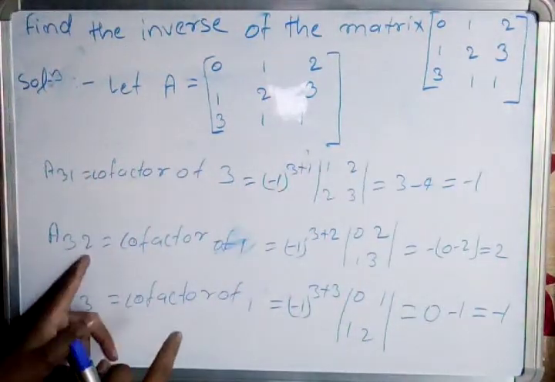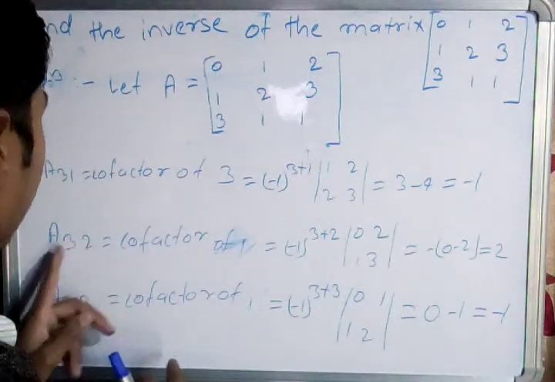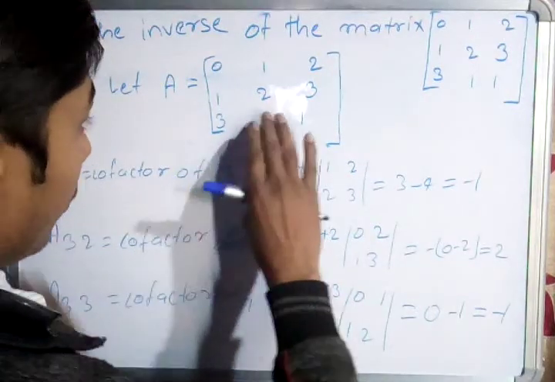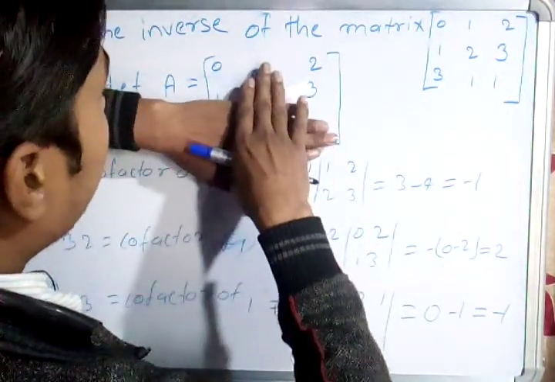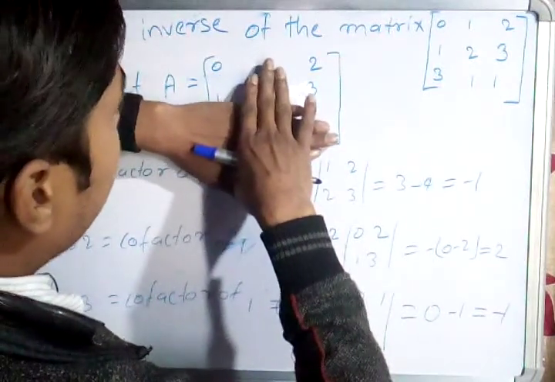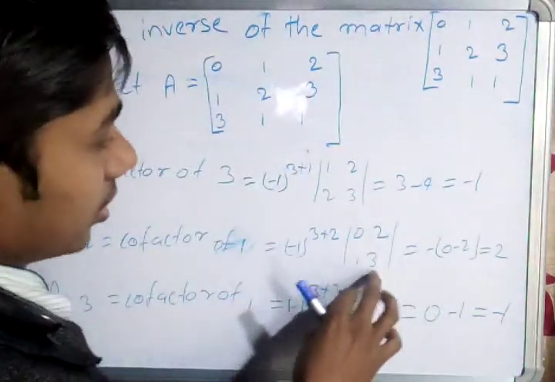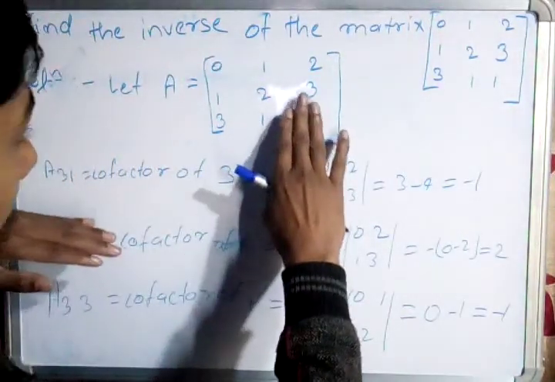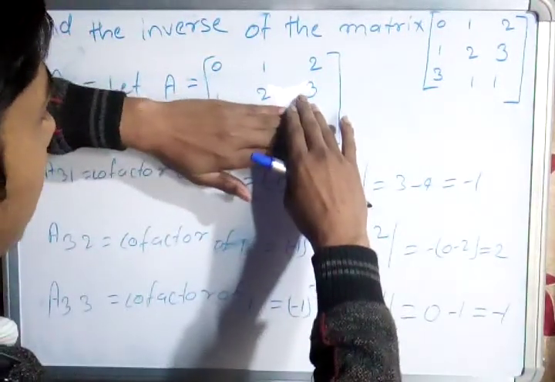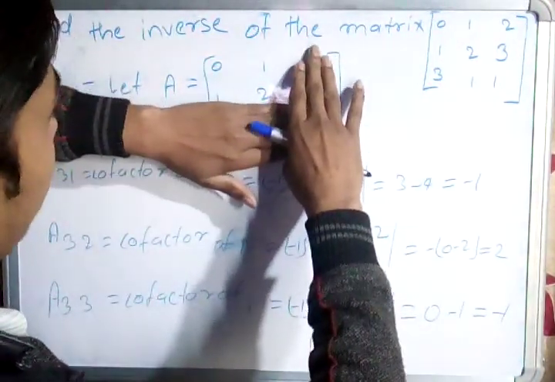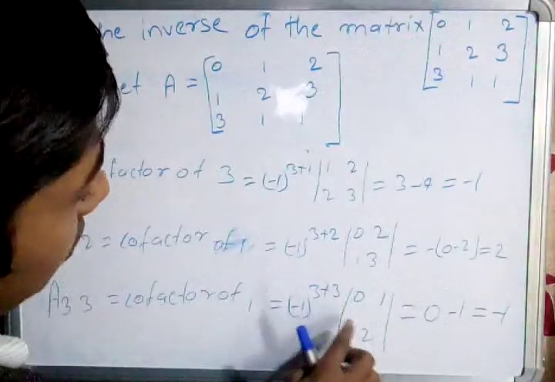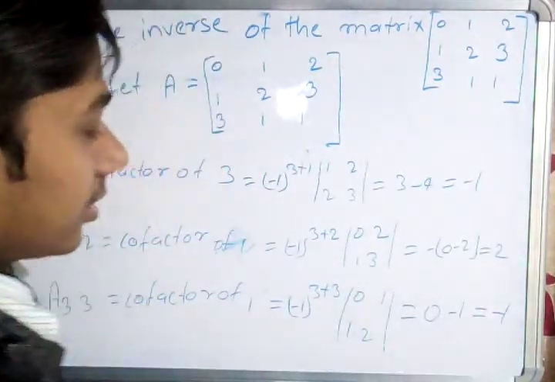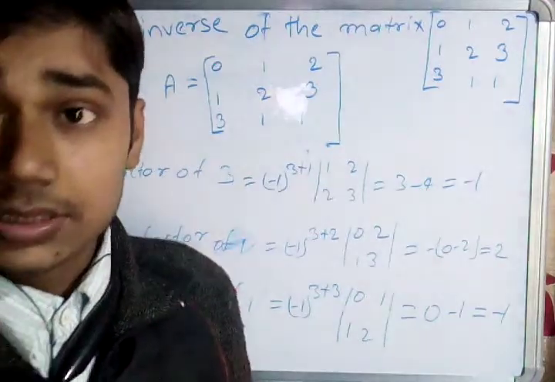And A32 is the cofactor of 1, deleting the third row and second column, the left elements 0 2 1 3, and the cofactor is 2. A33, the last element, deleting the third row and third column, the left elements 0 1 1 2, is equal to 0 minus 1, equal to minus 1.